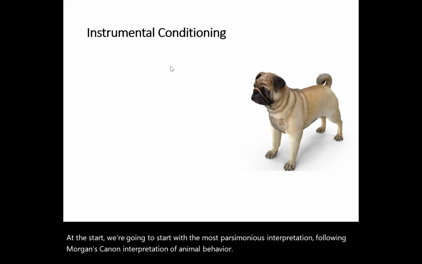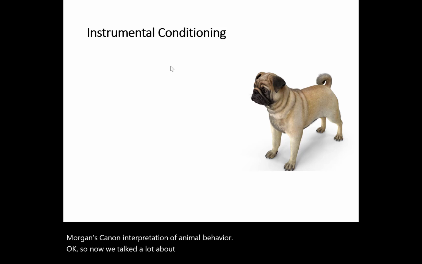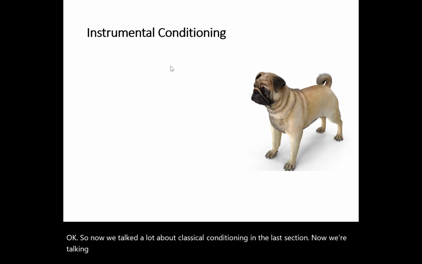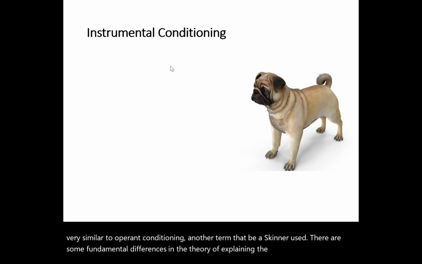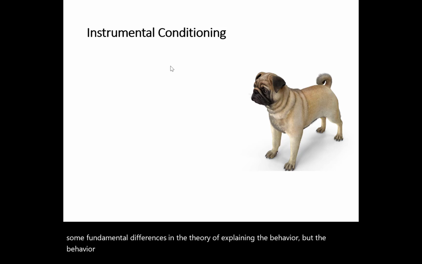So now we talked a lot about classical conditioning in the last section. Now we're talking about instrumental conditioning. Instrumental conditioning, as we'll find out, is very similar to operant conditioning, another term that B.F. Skinner used. There are some fundamental differences in the theory of explaining the behavior, but the behavior itself is very similar.